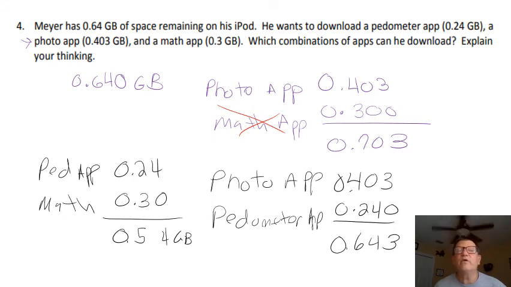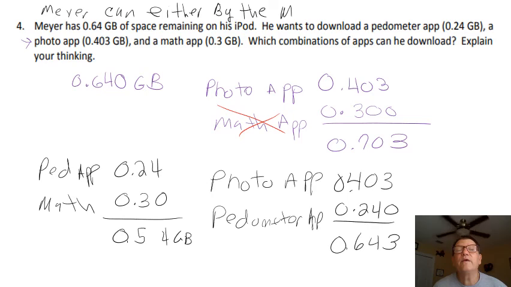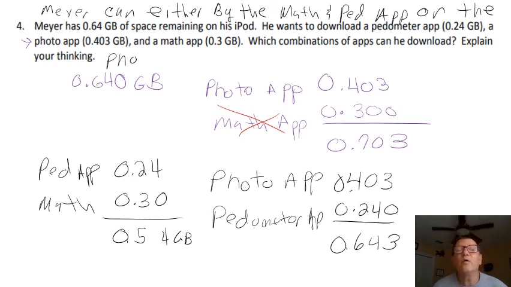So we can either, I'm going to write it up on top, Meyer can either buy the math and pedometer app or the photo app by itself.